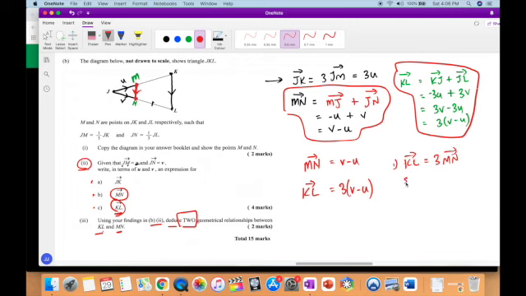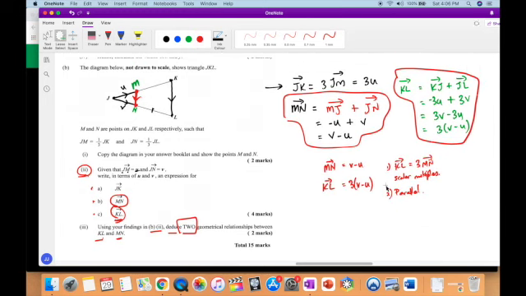So therefore they are scalar multiples. That is the first geometric relationship. And the second geometric relationship is that, because they are scalar multiples, they are parallel.